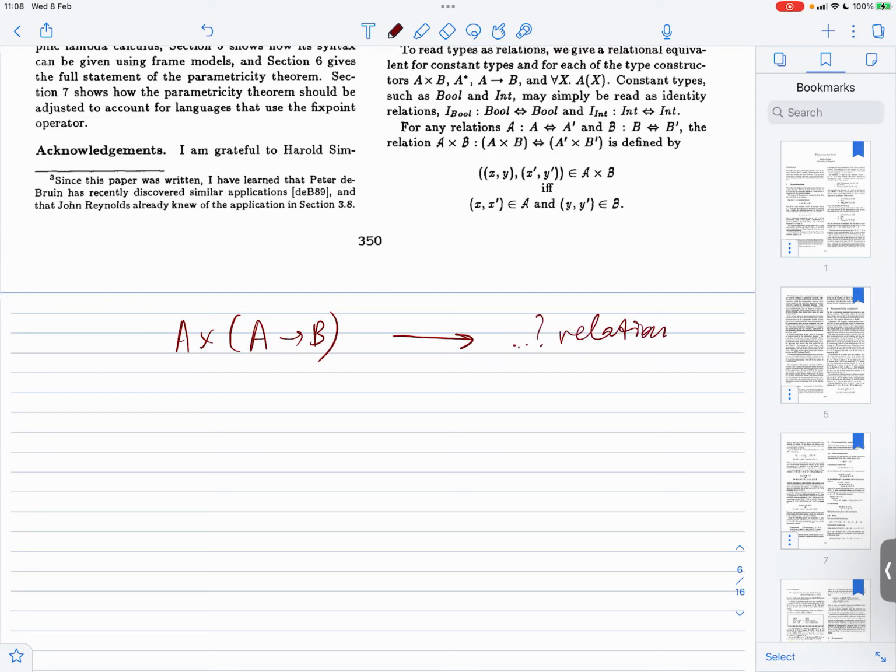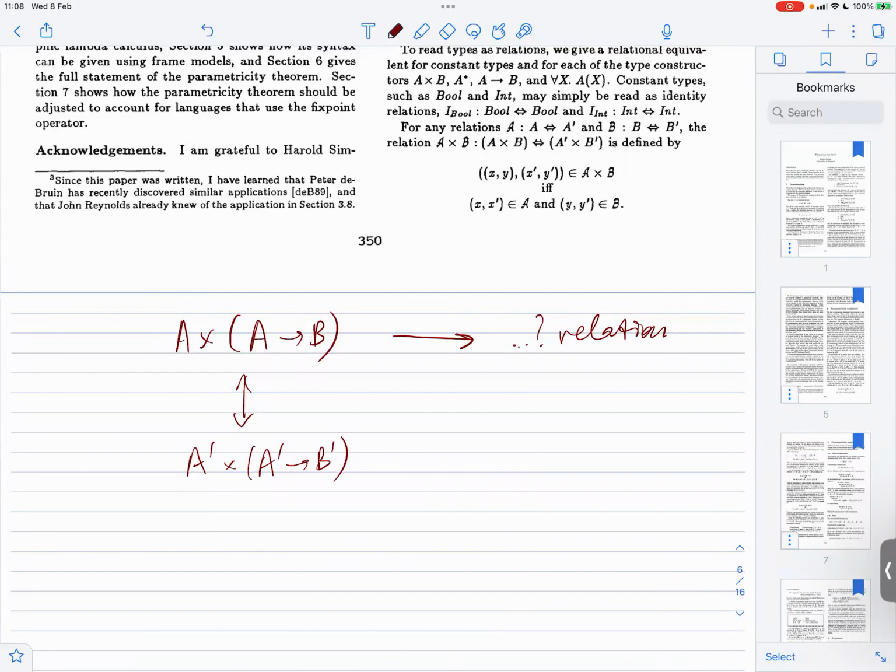But a relation between which types? Not between A and B, obviously. So actually, it needs to be that we have two more types, A prime and B prime. And then there will be a relation between this type and A prime times A prime going to B prime.